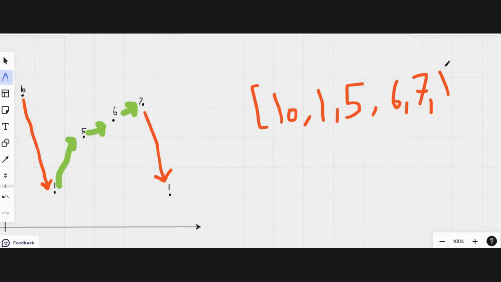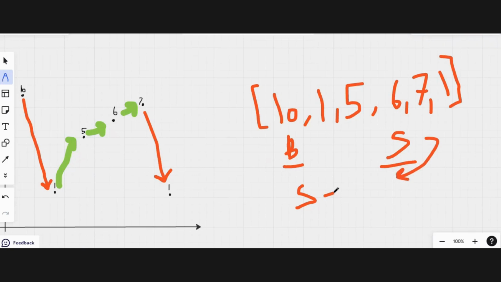This is the array we were given. Among this array, we need to find a date where we buy and another date where we sell. These two dates should maximize the value of selling price minus buying price.